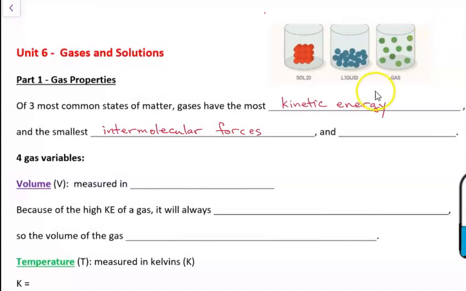So, for example, in my solid, liquid, and gas up here, let's say these are three different substances at the same temperature. The solid might be sodium chloride, like an ionic compound, and so those are ionic bonds holding them together. The liquid might be water, and so that's like hydrogen bonding or dipole-dipole forces holding them together.